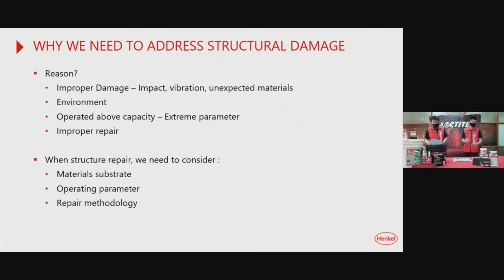Good morning again. Of course, before we address all these things, we need to understand the reason behind why these things happen in our plants. The most obvious reason why our equipment has structural damage is improper handling. I give you a very simple example.